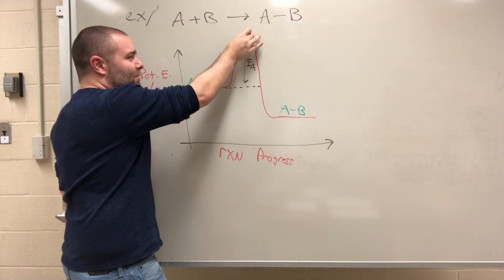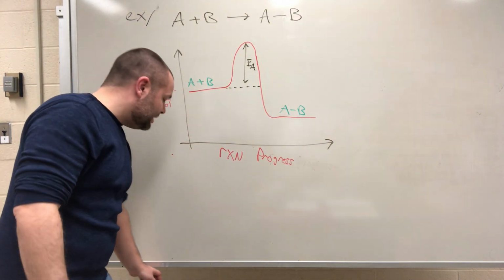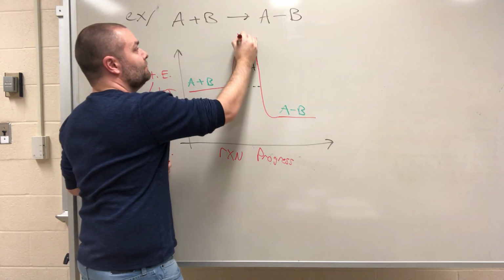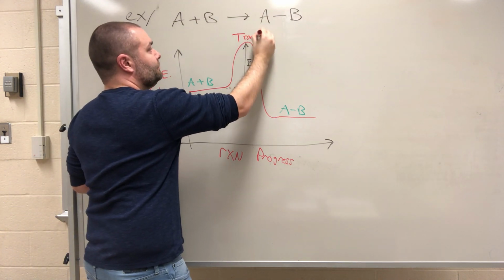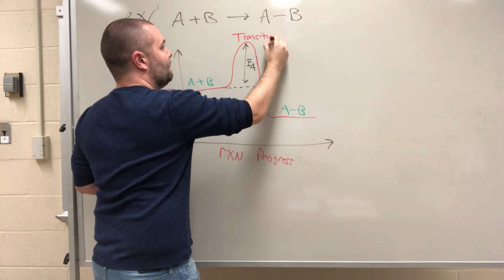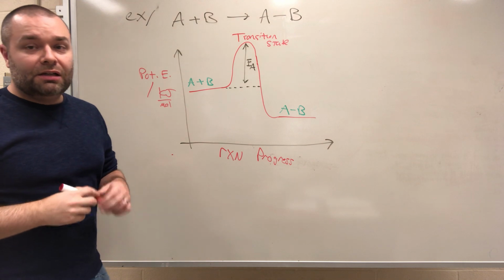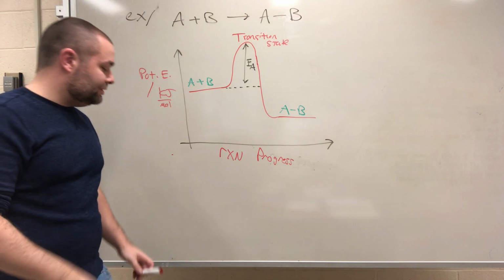That means that this position up here is really important. And what we do is we label that position as the transition state. That position right there at the top of the hill contains what's known as the transition state.